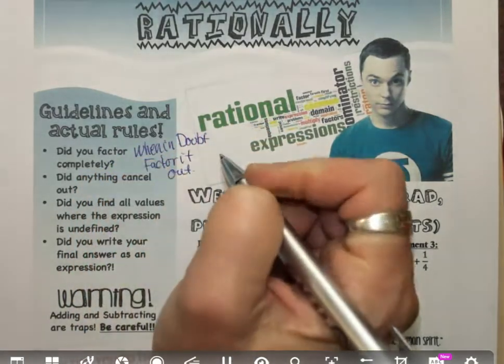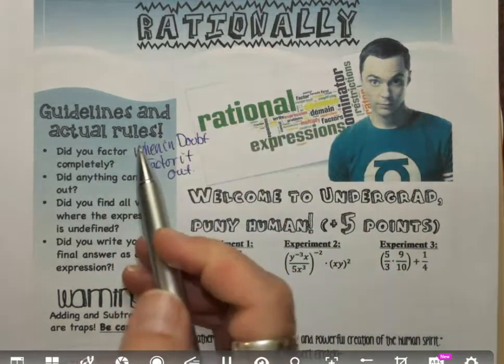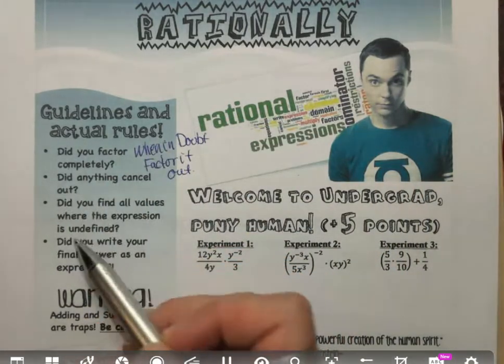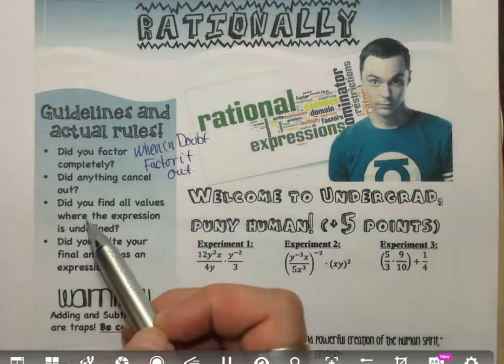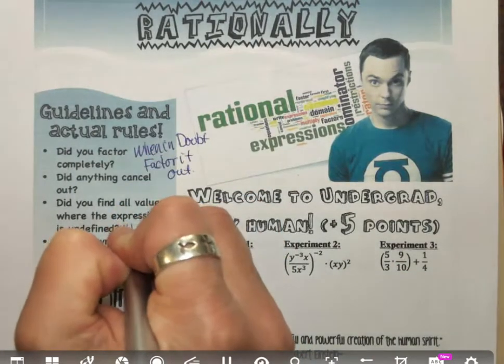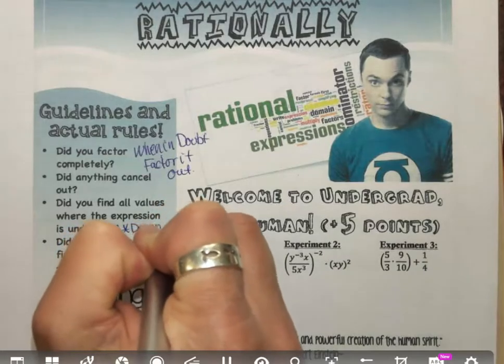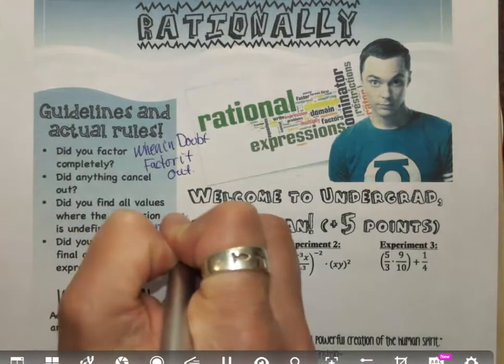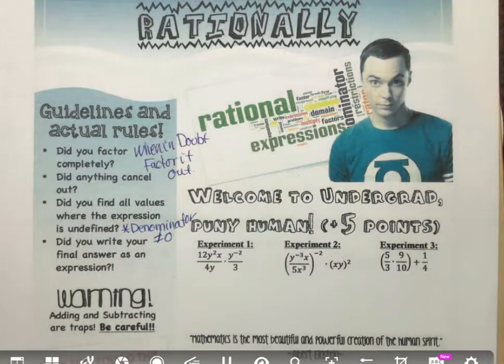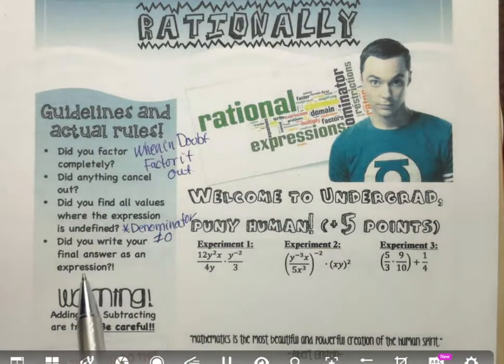We used to say graph it out, but in this case, when in doubt, factor it out. Can you cancel anything? Did you find all the values where the expression is undefined? Remember, the denominator cannot equal 0. So this is part of the domain. And did you write your final answer as an expression?